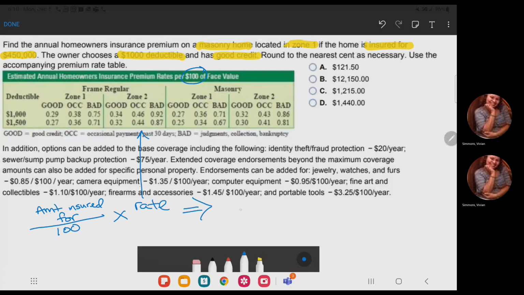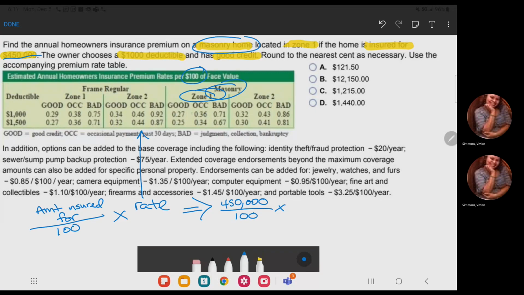So the amount I'm insured for is the 450,000. Then I'm going to multiply that by the rate that I find in the table. The type of home is masonry. It's in zone 1.